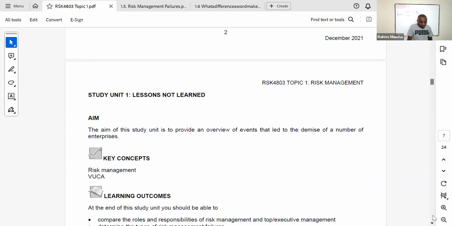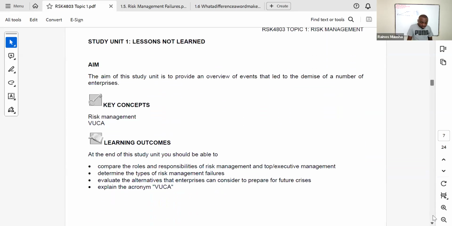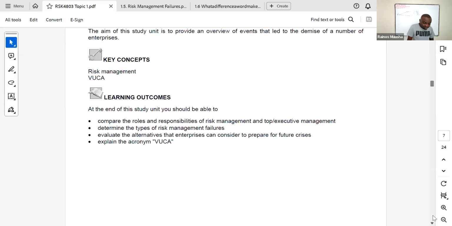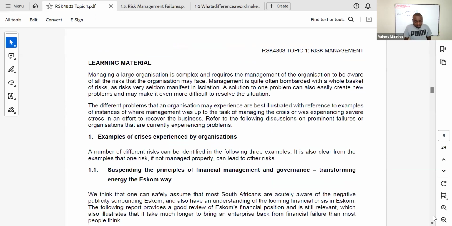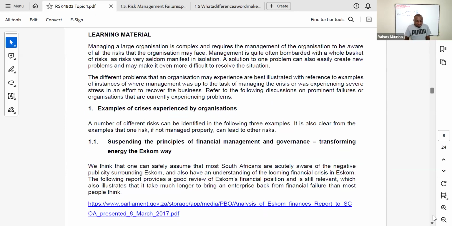So when it comes to study unit 1, remember we said we're looking at lessons not learned, and looking at this particular study unit 1.1, basically we're looking at examples of crisis experienced by organizations.